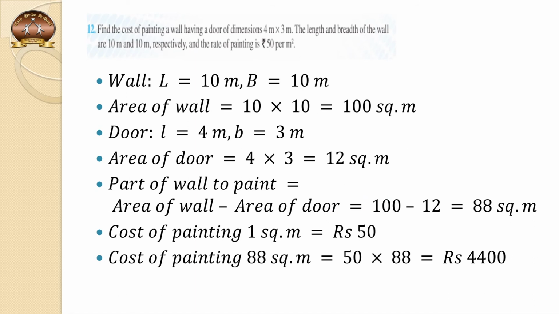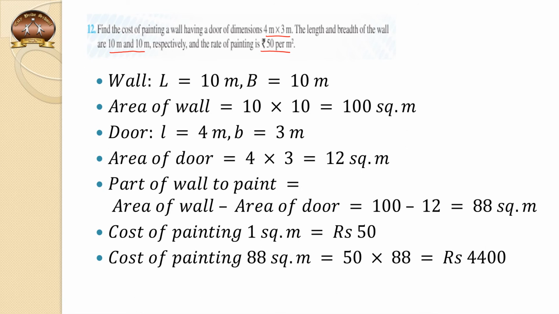Now children, let us solve one more question, that is question number 12. I will read it. Find the cost of painting a wall having a door of dimension 4 meter into 3 meter. The length and the breadth of the wall are 10 meter into 10 meter respectively, and the rate of painting is rupees 50 per meter square.